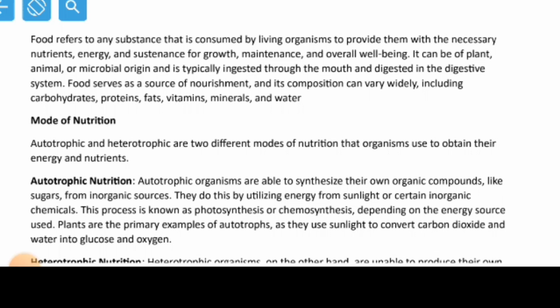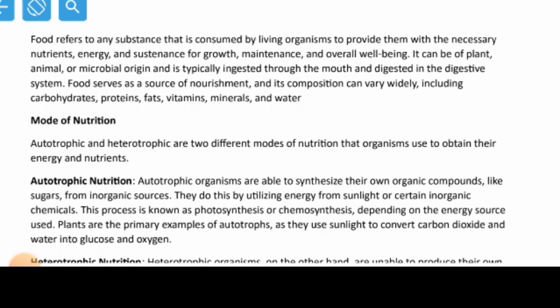See, food can be an animal, food can be a plant, so it can have different origins, or microbial origin. Plants, animals and microorganisms do not share the same mode of food ingestion.